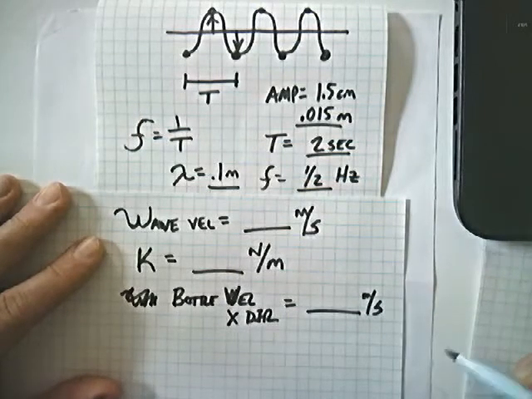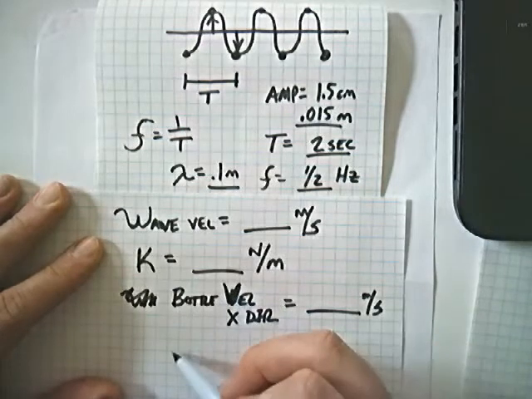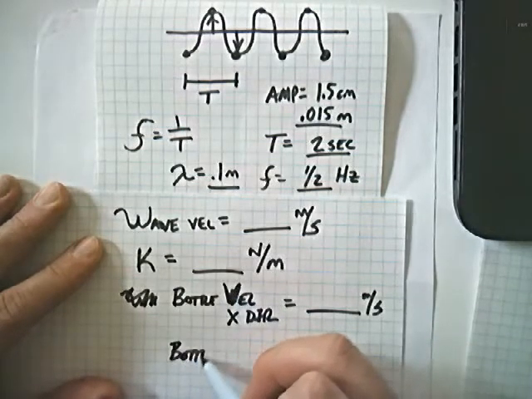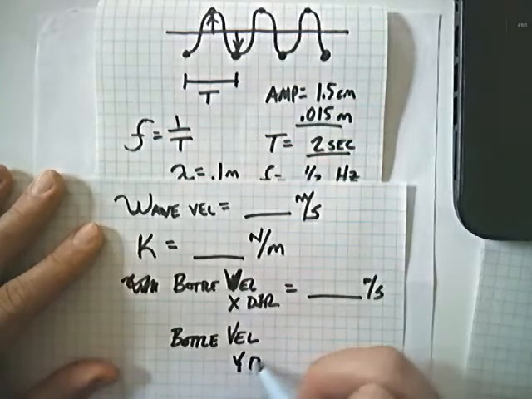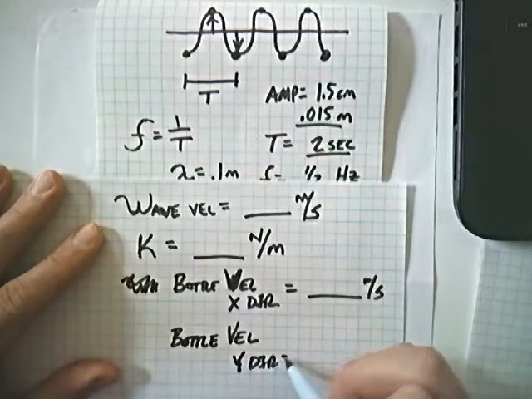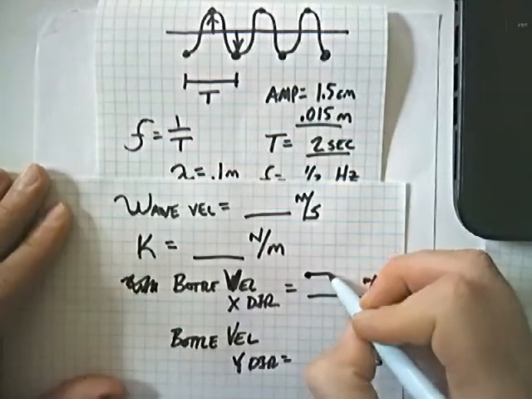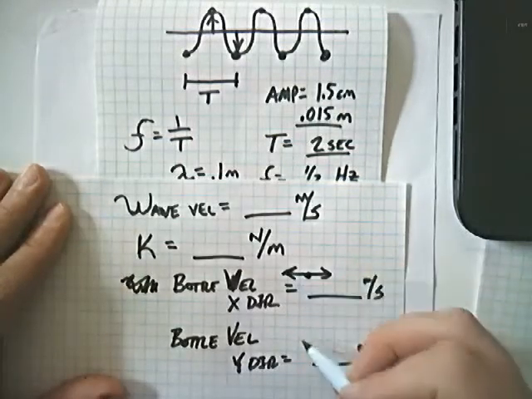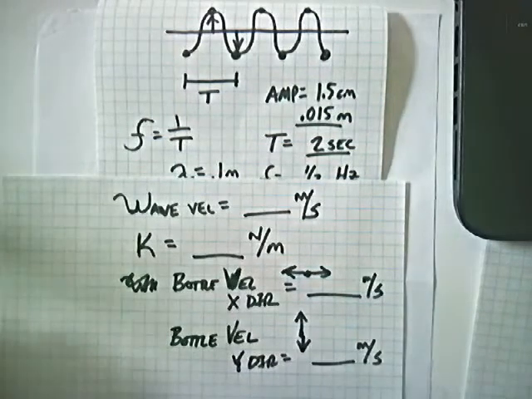Remember, this was a transverse wave. This is actually going to be a pretty easy one for us. And then we also have bottle velocity in the y direction, some number of meters per second. So this one is referring to how the object moves left or right. This is referring to how the object moves vertically, or up and down.